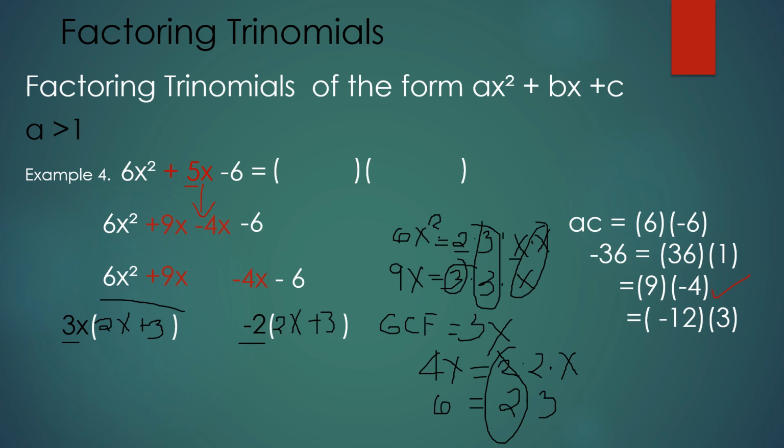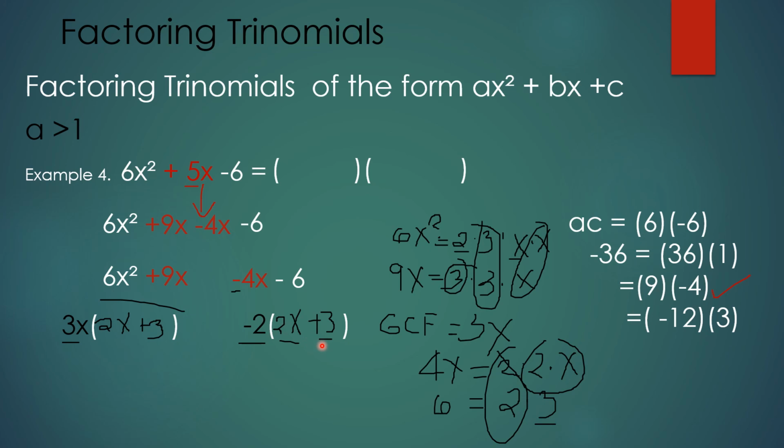So GCF is negative 2 dahil may minus dito sa 4. And then, ano yung remaining dito? Sa first term natin, 2x. Kaya 2x yan. Ang natira naman dito sa 6 ay 3. Kaya 3. Ganon. O kaya isipin nyo lang, ano nga yung multiply ko dito sa negative 2? Na ang sagot ay magiging negative 4x. Ganon din dito.